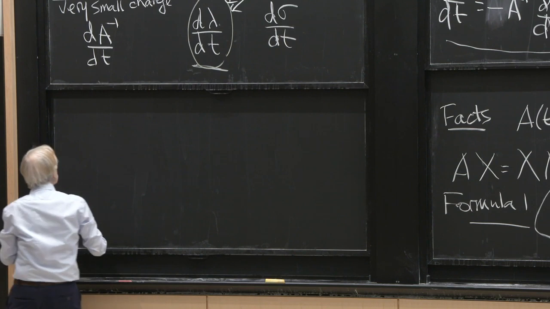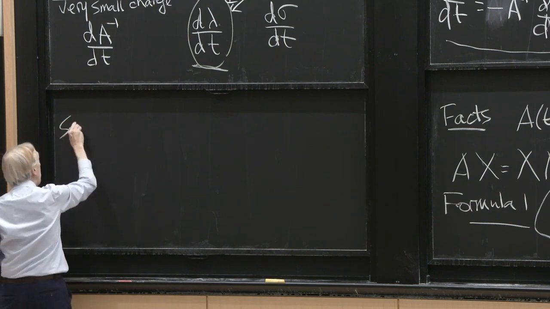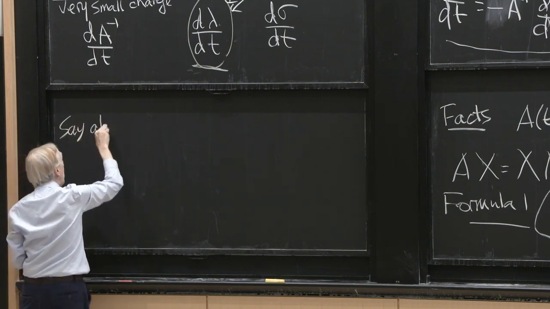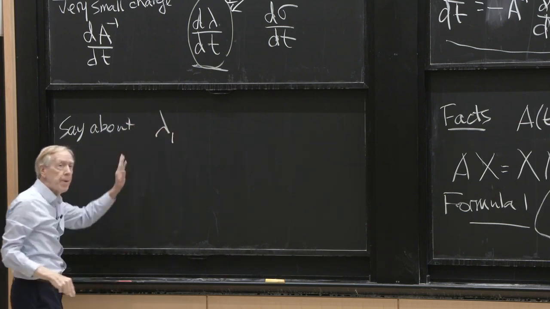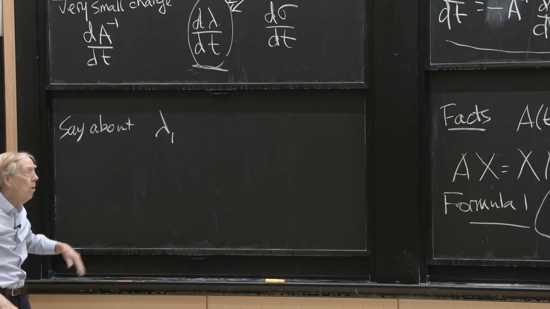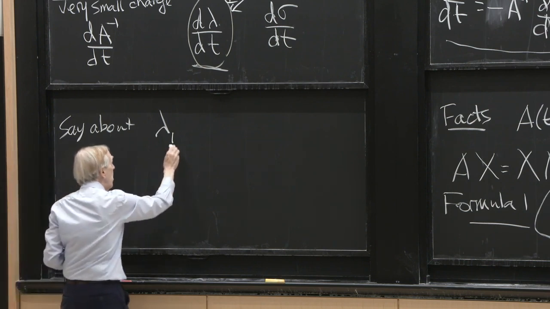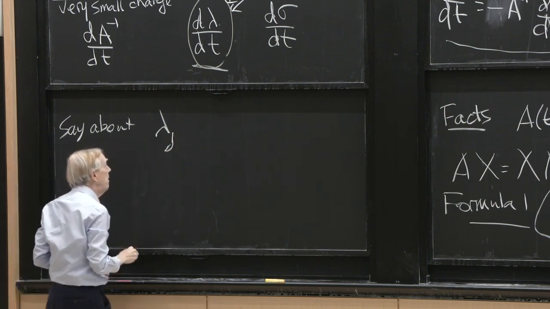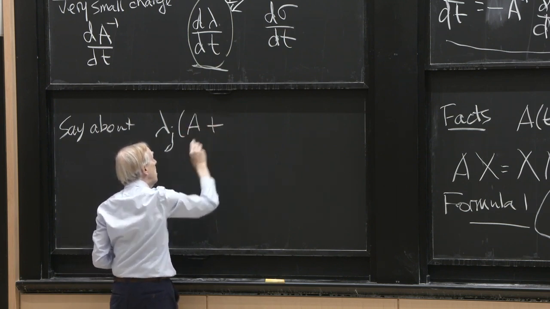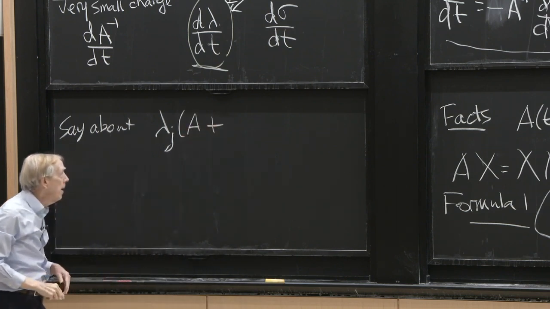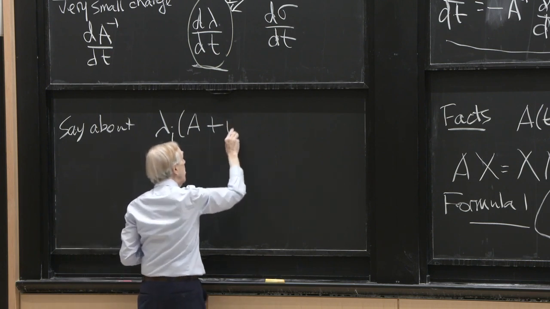So what can we say about the eigenvalues? Let's take the largest eigenvalue, or all of them, lambda j, all of them, of A plus a rank 1 matrix UV transpose.